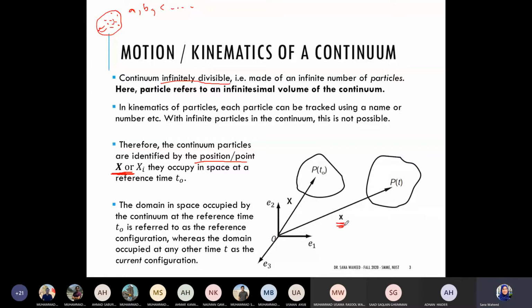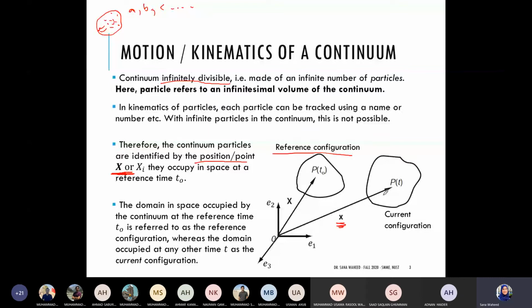So capital X for my reference configuration and small x for my deformed configuration. Just to point out, the configuration at t naught is my reference configuration, and any motion or deformation is going to be measured relative to it, whereas the one at time t is my current deformed configuration.